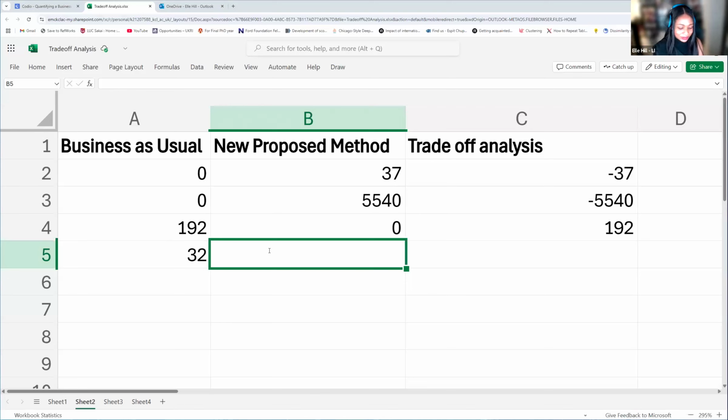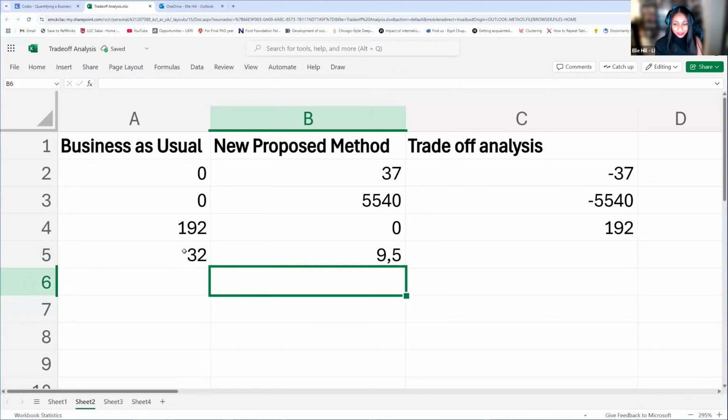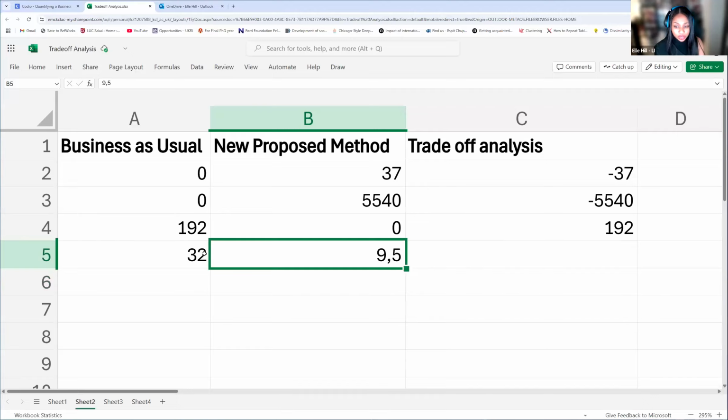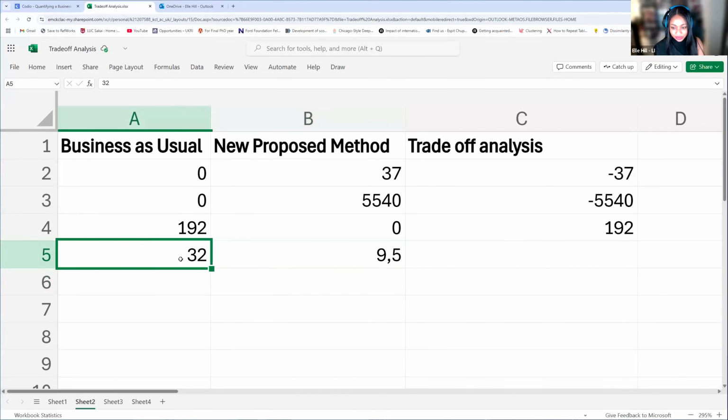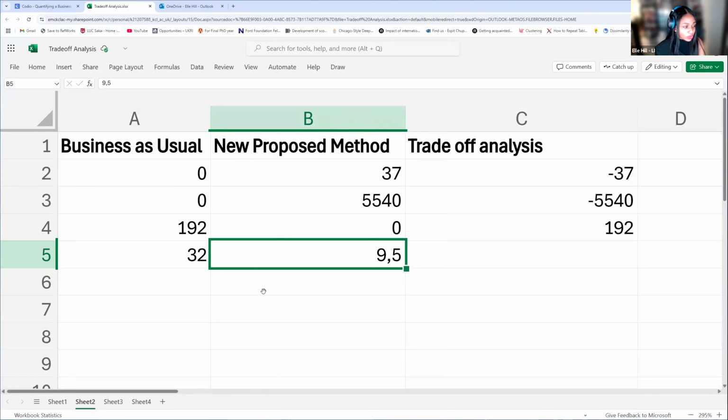So now I think this is the first time we've seen two things in our trade-off analysis, this is actually why we have this notation especially. Now you can actually see our savings. We're looking at our business as usual, and then we're going to subtract the savings from our new proposed method. So we get our 22.5 in savings.